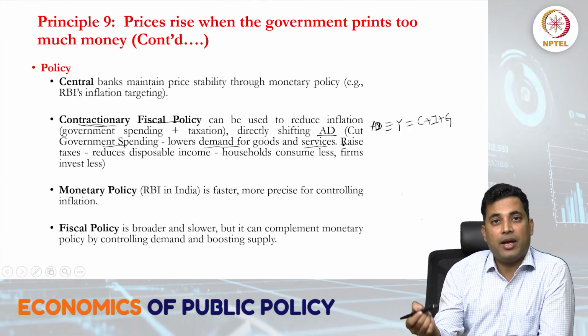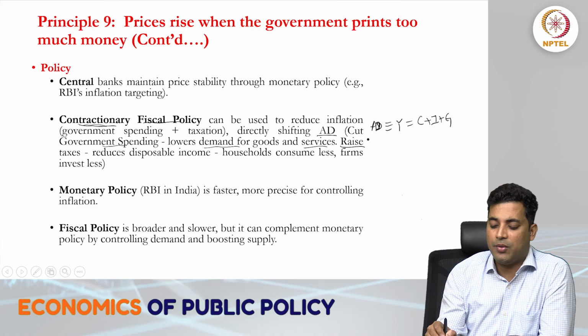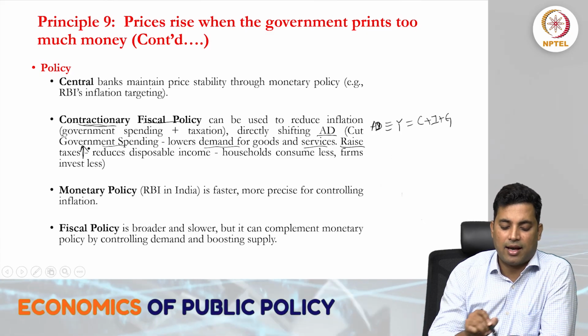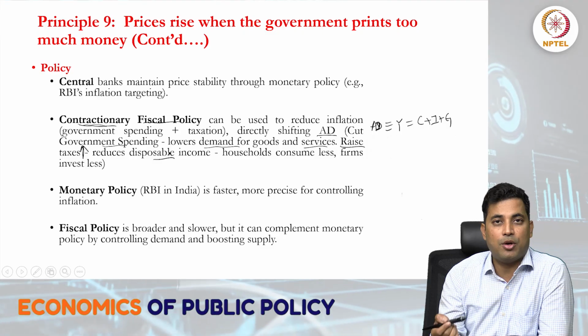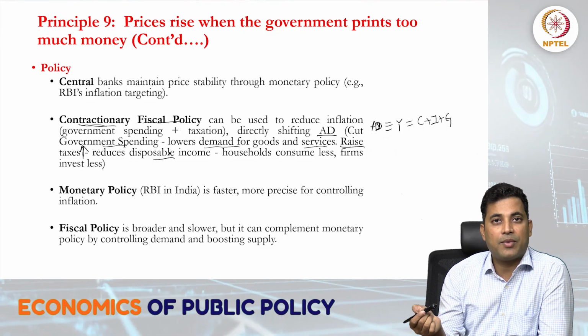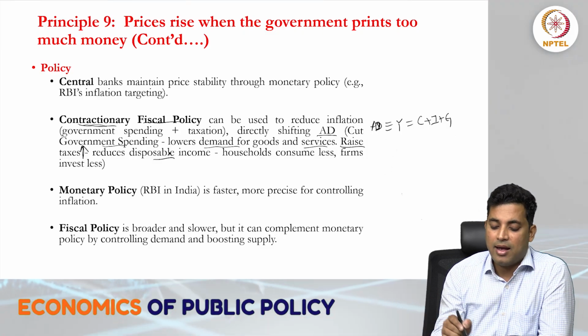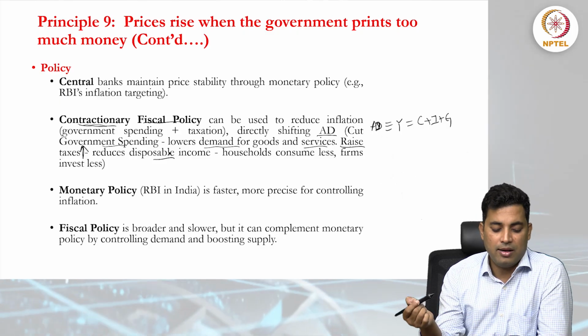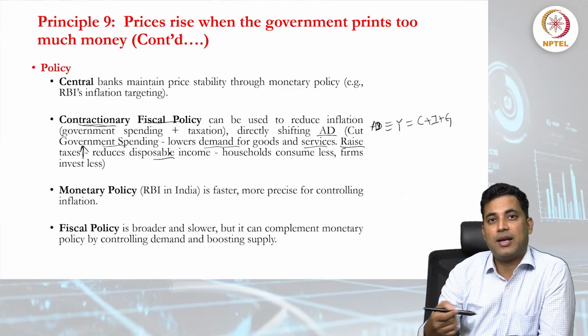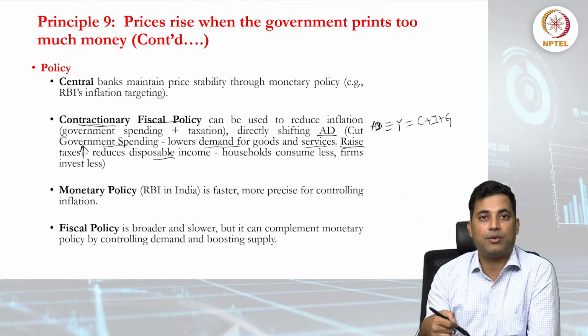Alternatively, if you increase taxes, that reduces disposable income, which is your actual income minus total tax. Then of course households will consume less and firms will invest less. This is kind of circular, and we'll discuss it.